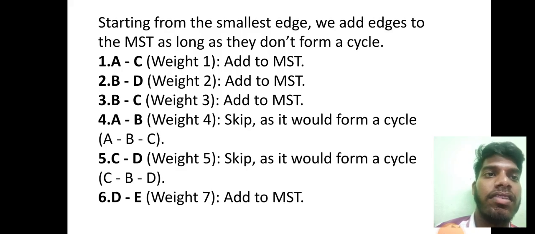A to B is skipped because it would form a cycle. C to D is also skipped as it would form a cycle. D to E is added to the MST.